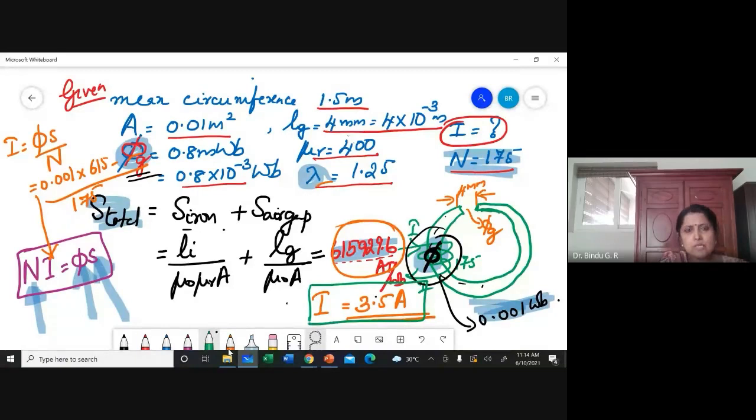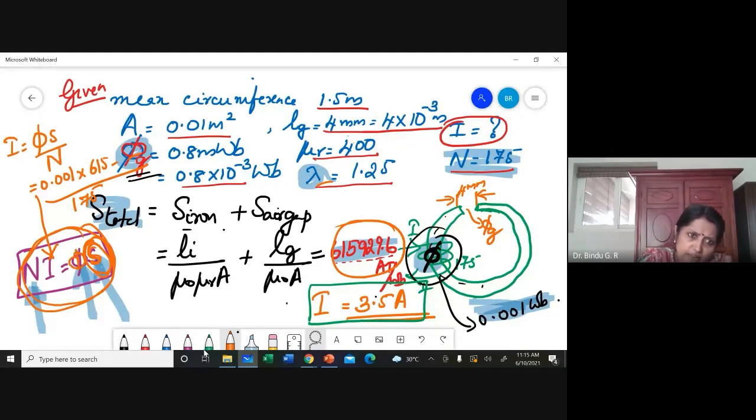I hope this is clear to you. If the question is based on a series magnetic circuit, remember that our aim is to find all the terms in the formula Ni is equal to phi S. Because it is a series circuit, you add all the reluctances, just like resistances in a series case.